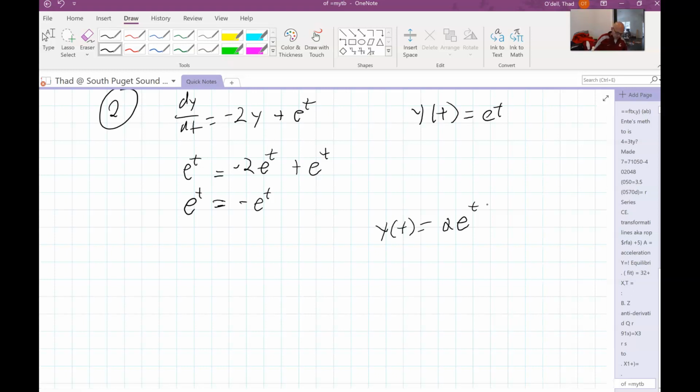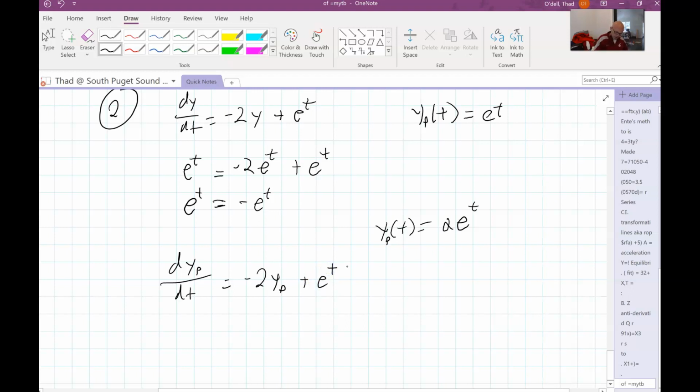Okay? So once again, we'll take a derivative. Sorry, I did put my little p in there. We're going to take the derivative of that with respect to t, and this should be y of p plus e to the t. We're going to check that and see if it works.